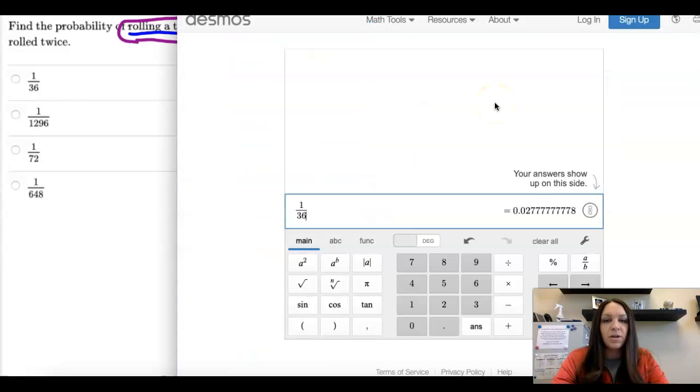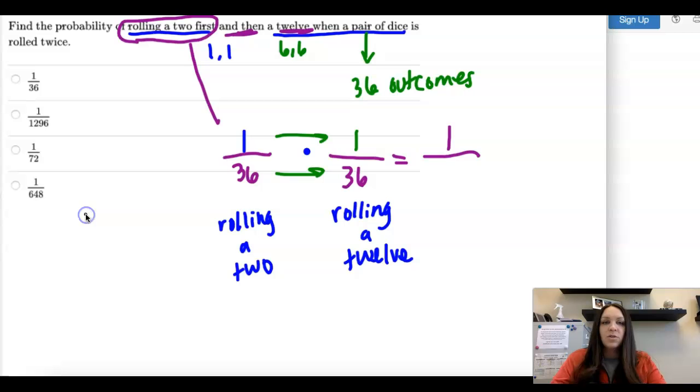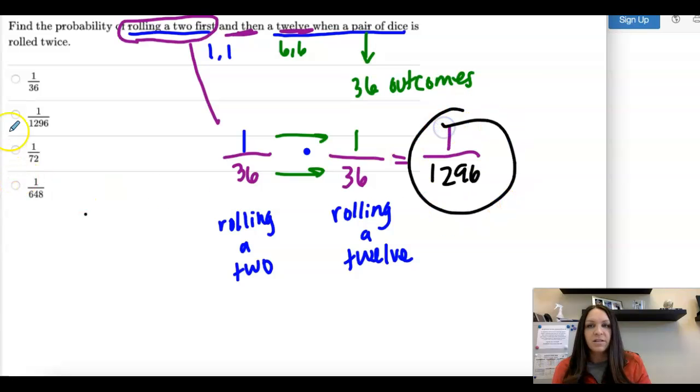But you can put the fractions in Desmos and then use your fraction button to get the actual fraction. So 36 times 36. This is the answer. What that means is there's 1 in 1,296 chance to roll this combination. So it's pretty rare.